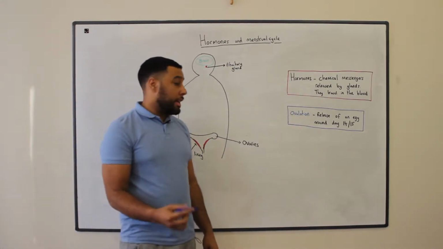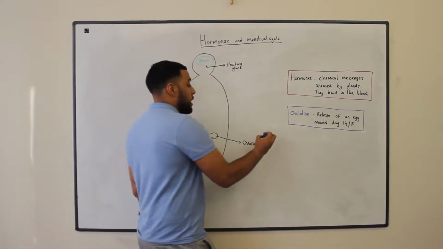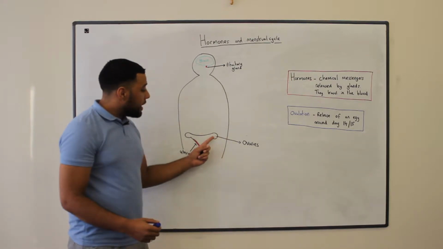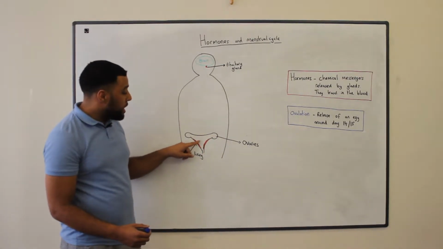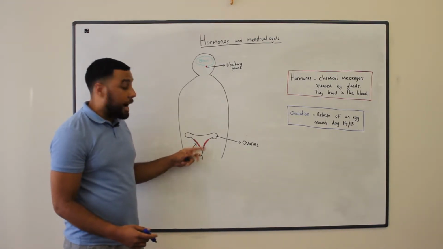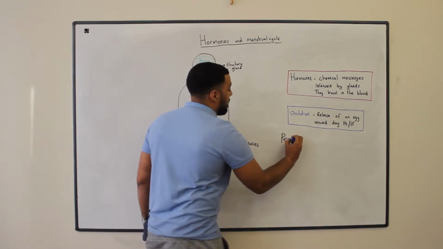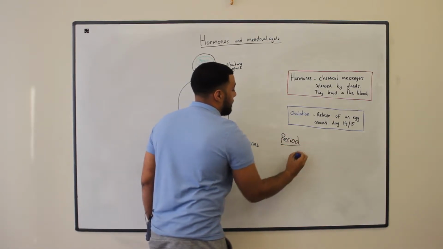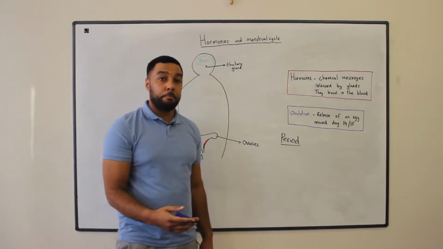Now, if that egg that's released is not fertilized by a sperm, then the egg and the uterus lining break away and pass out of the woman, which is known as the period, or it's commonly called the monthly bleed.